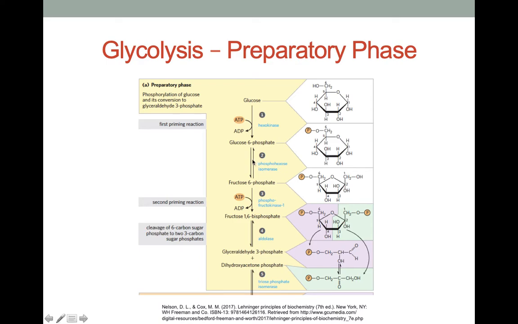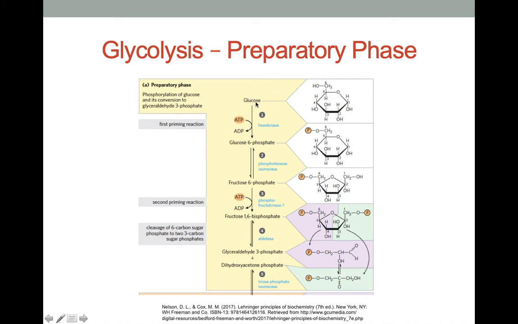As you see in the picture, the enzymes are highlighted blue, and it gives you the molecules that are produced at each step. In the preparatory phase, we are actually utilizing 2 ATP molecules. We're dephosphorylating them, so we're using those up. So this does require a little bit of energy input here.